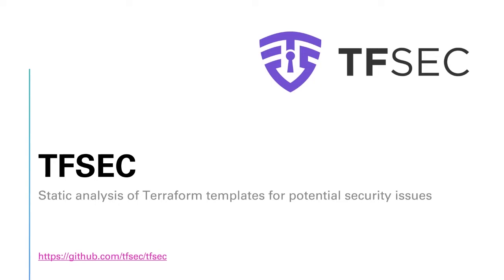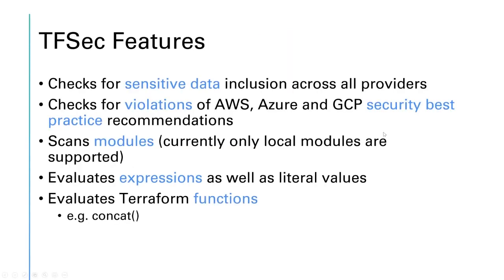So there's no one tool to rule them all, or only one tool to run as part of a secure DevOps approach from infrastructure as code. It's generally recommended you find a tool that works for you, for your security needs or the security team's requirements, and be able to enact that in your pipelines.